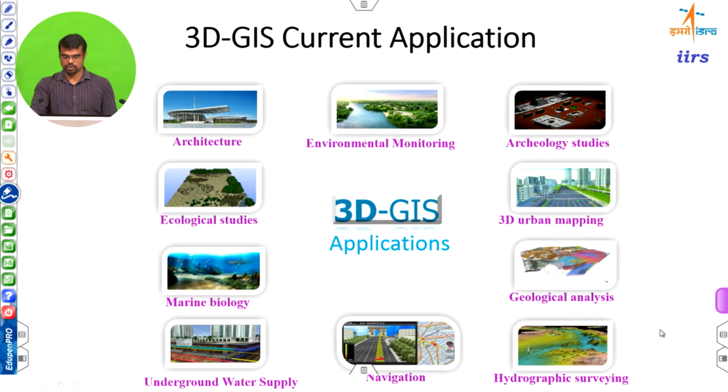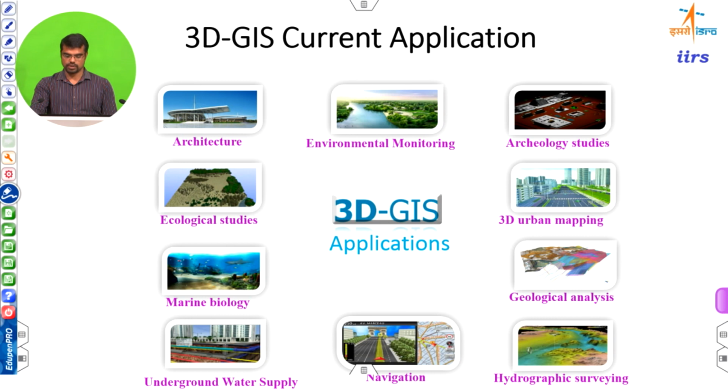There's also hydrographic surveying, which gives the distribution of different data sets. Navigation, we are already seeing a few applications, specifically if you use Google Maps based techniques, which show you the different navigation parameters.